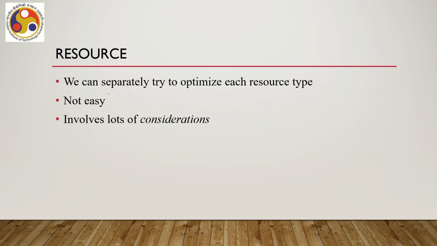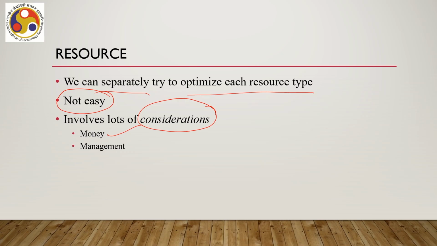Now, we can separately try to optimize each resource type. That is possible, but although it may be possible, it is not easy. It involves lots of considerations and these considerations vary widely. Money can be one consideration, availability of funds, how to manage the resources, based on that we can try to optimize the resources.